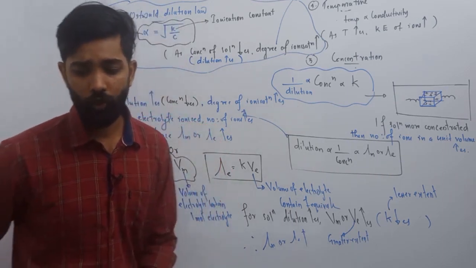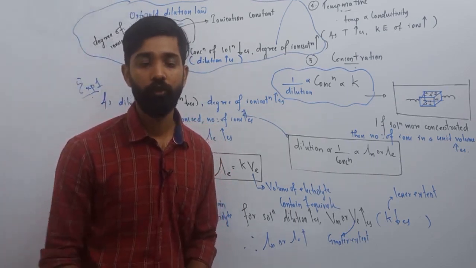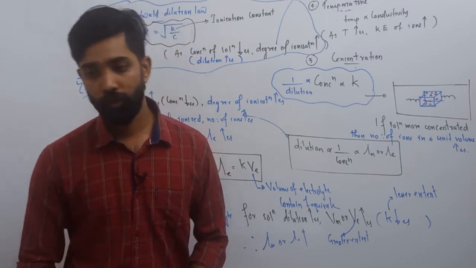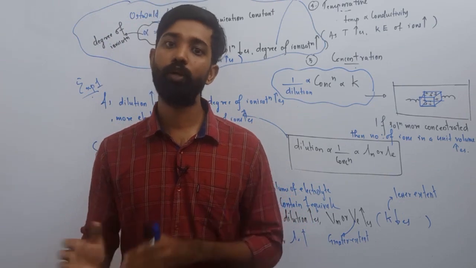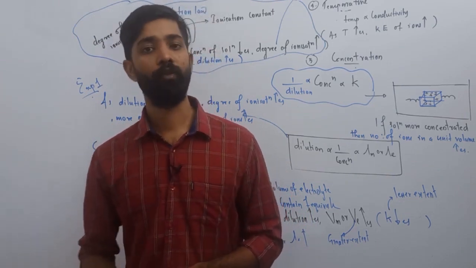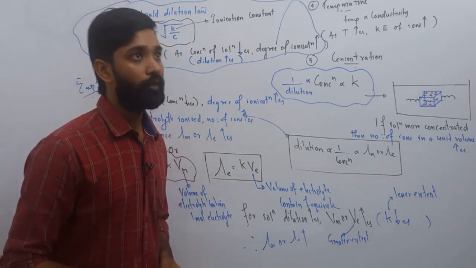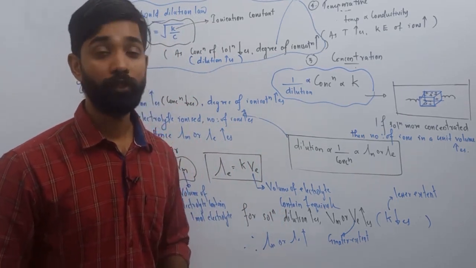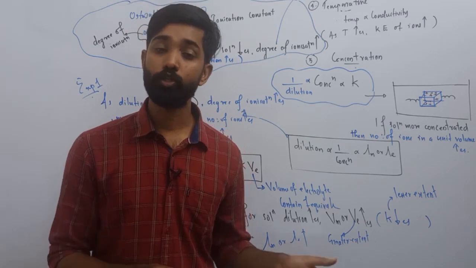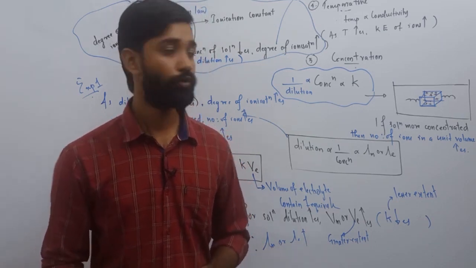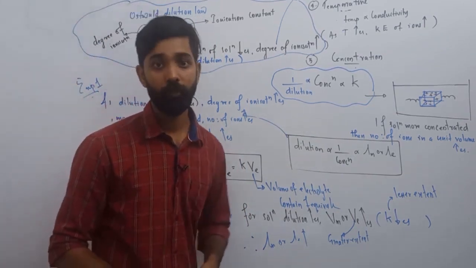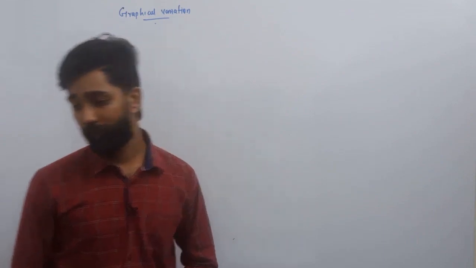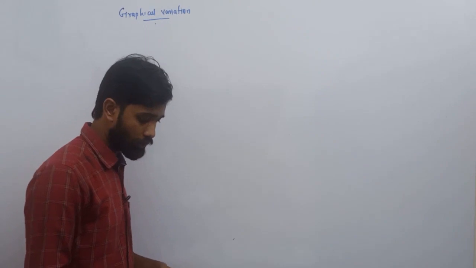So moving to the next topic, graphical representation for electrolytes. Let me discuss the variation of molar conductivity only. From here onwards we are discussing the variation of molar conductivity of strong and weak electrolytes.